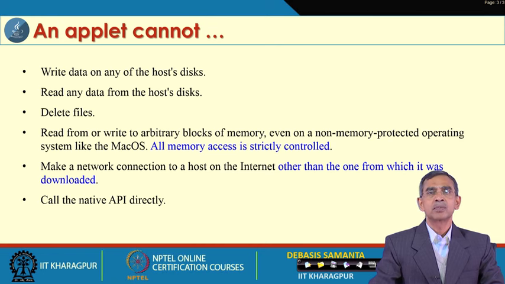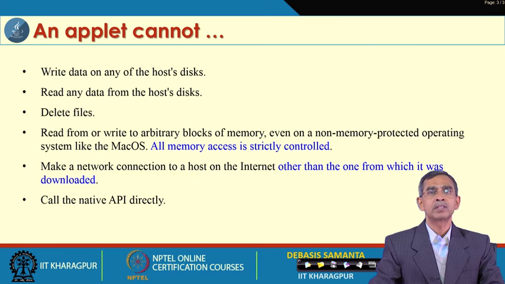So, basically an applet is heavily restricted so far as memory access is concerned, and it only enables a network connection to the host from which it was downloaded. That means it cannot establish a connection of its own, and it also cannot call the native API directly. If you develop your own API, it cannot use these things.